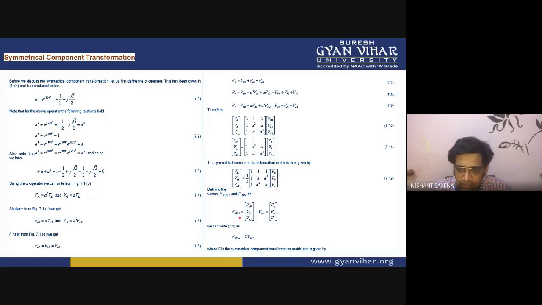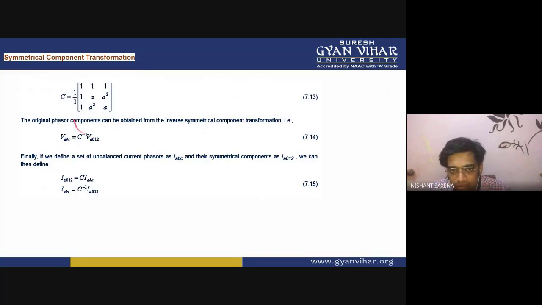Then 1, alpha and alpha square. Okay, so if I want to rewrite this equation 7.10 in terms of the positive, negative, and zero sequence components, then I have to rewrite these equations in this way.